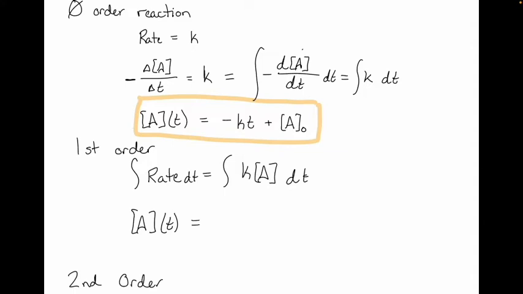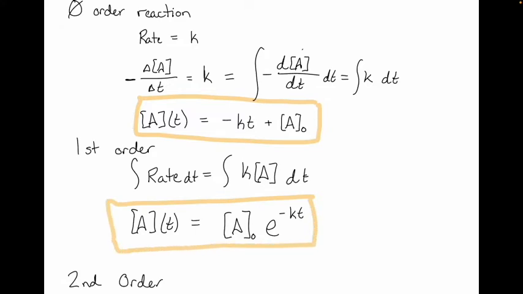You would have probably been introduced to e in your calculus class first. Bottom line is it's this special number, kind of like pi. You always use the symbol, though, because it's got a bunch of decimal points on it. All right, so again, this is the initial concentration of A times e to the power of negative kt. Okay, so this is our integrated rate law for the first order reactions.